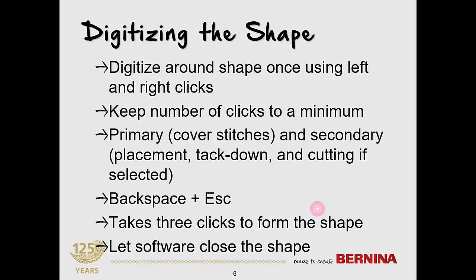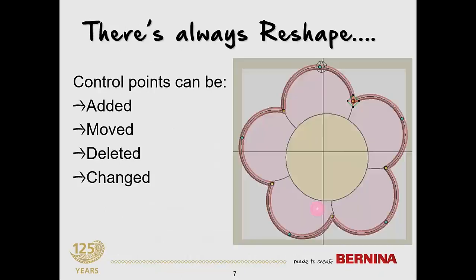Keep in mind that it takes 3 clicks to form the shape, so what you may think is not going to work might in the end work. And remember, you always have reshape too. You always want to let the software close the shape with the applique tool just like you do with the digitizing tools.